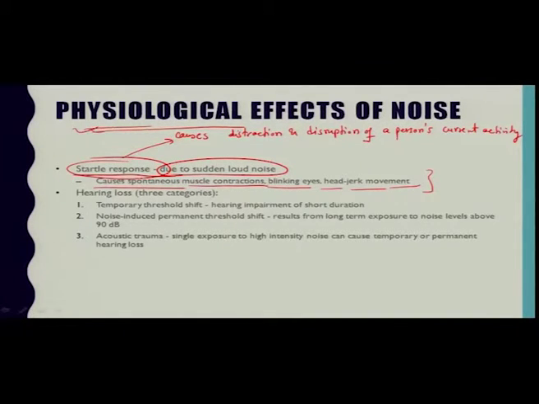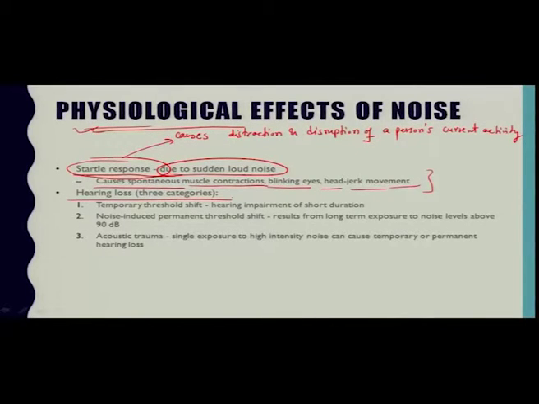Of particular concern in ergonomics, hearing loss due to noise is a very important and serious factor. When a sudden blast happens, the sound intensity passing through the auditory channel in your ear may damage your eardrum. Hearing loss can be categorized into three types.